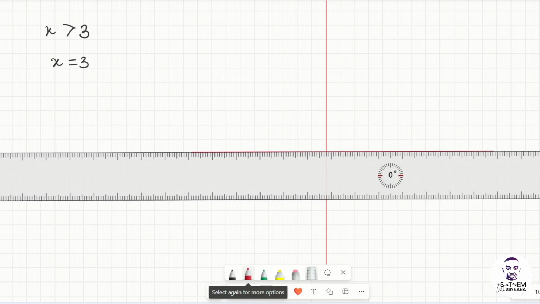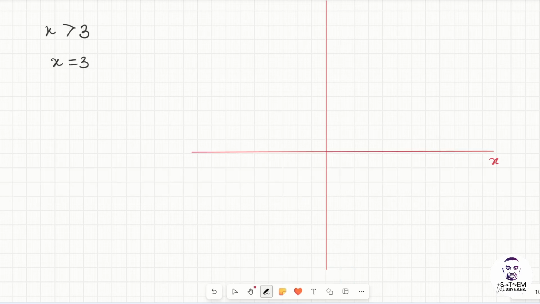We have 1, 2, 3, 4, and 5 on the x-axis. And then on the positive side of y, we have 1, 2, 3, 4, then 5.